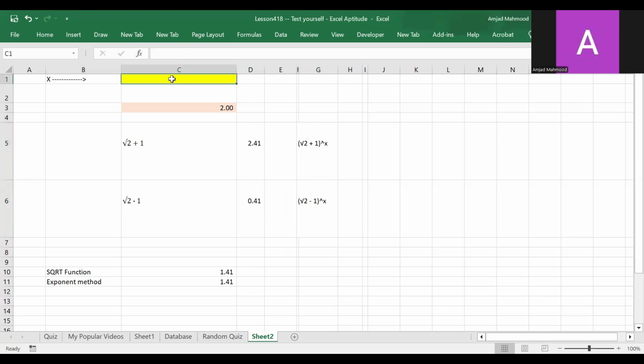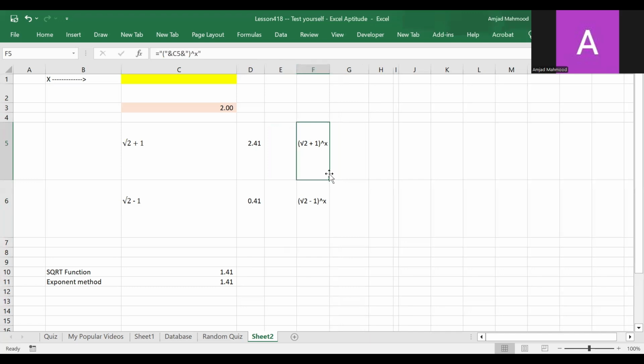The x value is unknown, so this expression is raised to power x.